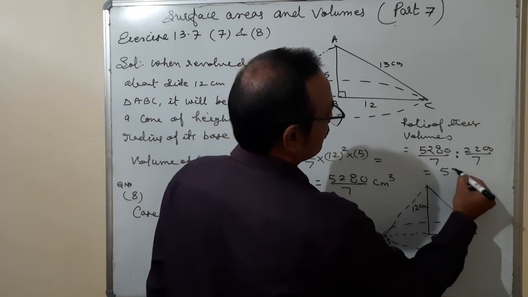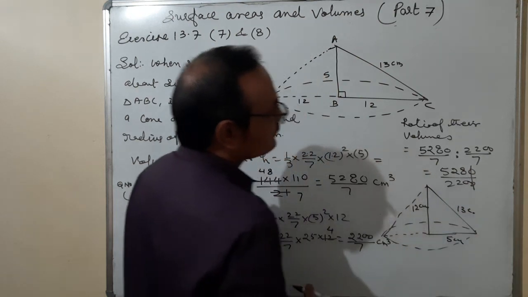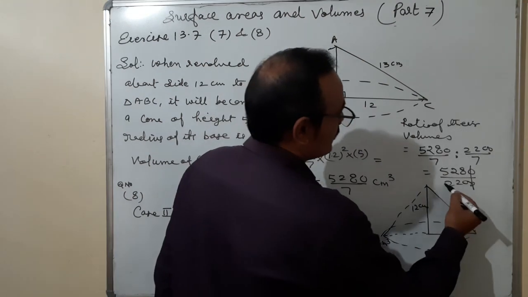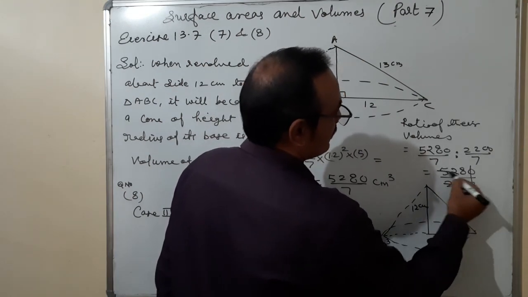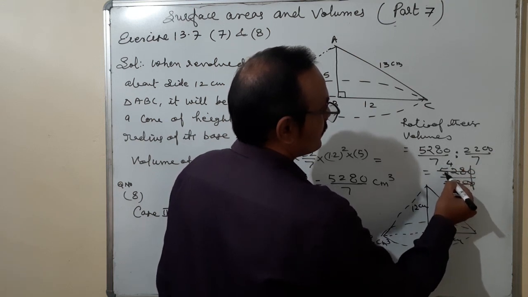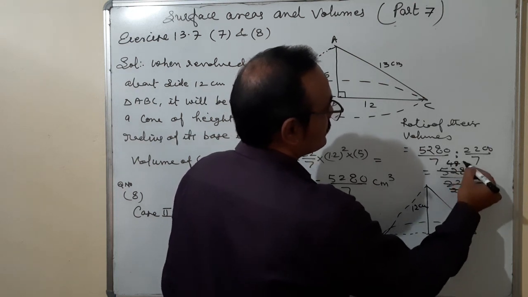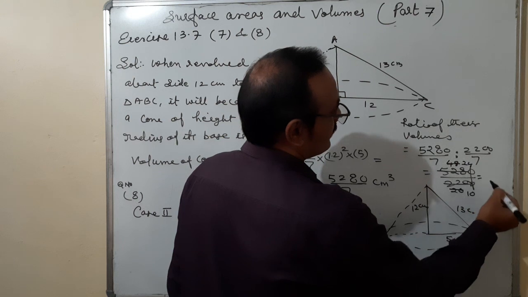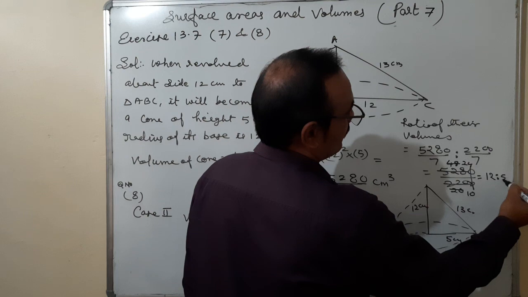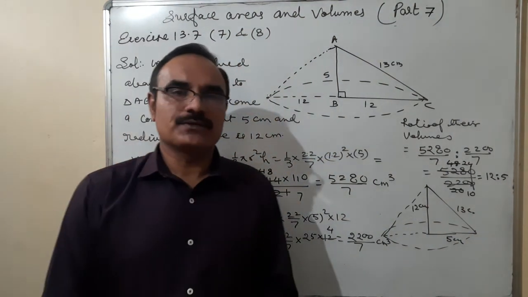So 7 cancels, 5280 upon 2200. 10 cancels, and again it is cancelled by 11. 11 twos are 22, 11 fours are 44, 11 fours are 44, 11 eights are 88. It is coming 24 ratio 10, that means 12 ratio 5. So the ratio of their volumes is 12 ratio 5.